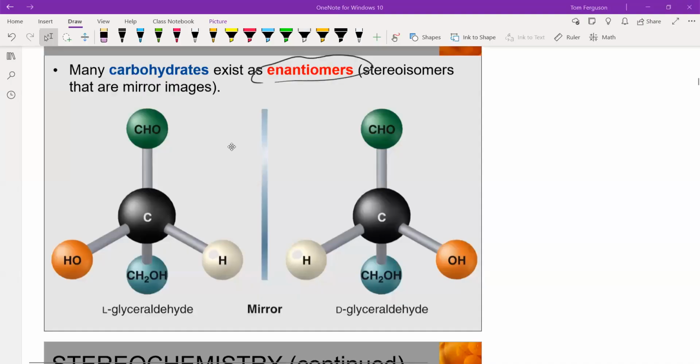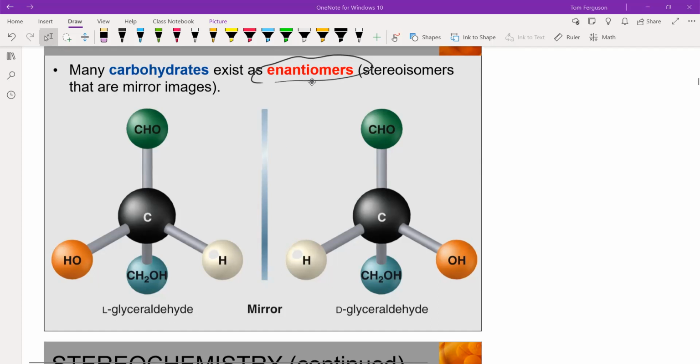Okay. The same thing happens with molecules. We can have a mirror image. You can have a mirror image of one molecule with the other.